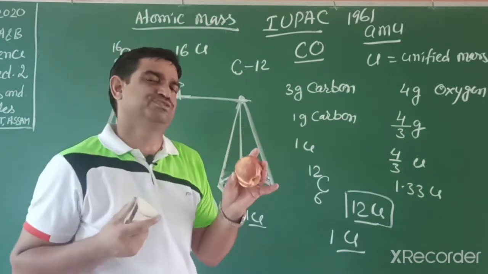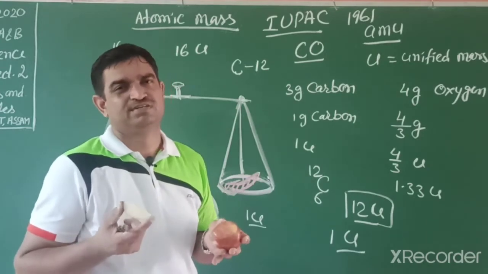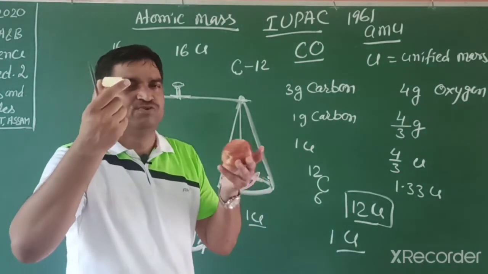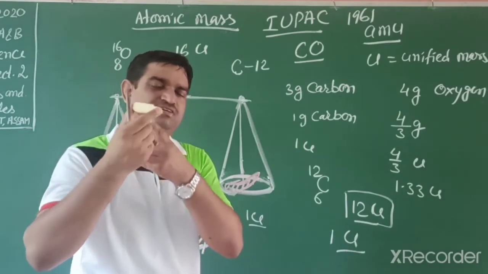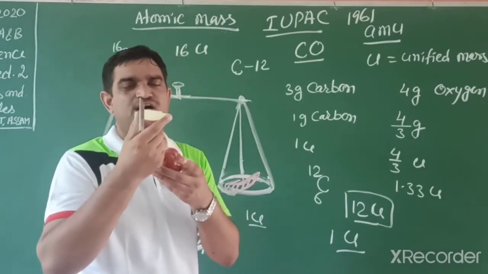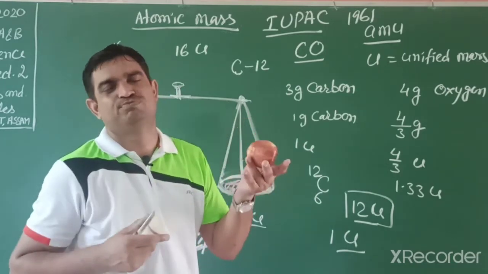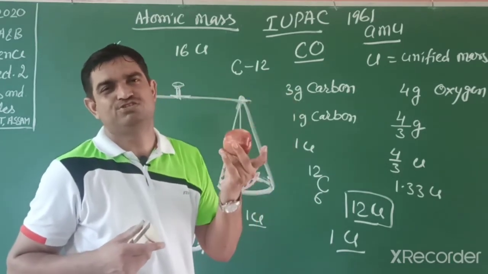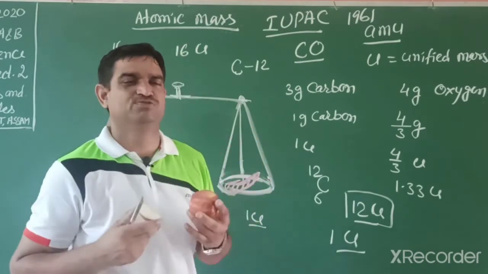So sometimes a question comes: define atomic mass unit or unified mass. Then how can we define it? 1/12 of the mass of one carbon-12 isotope atom. Suppose this one is the carbon-12 isotope and this 12th portion is known as 1 atomic mass unit.